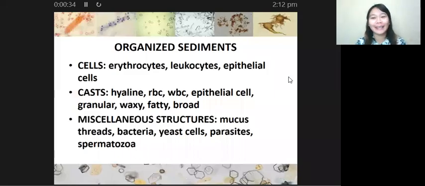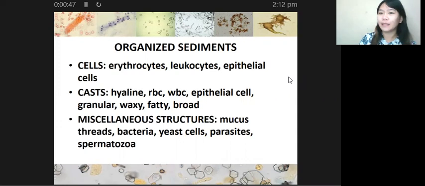Alright, hello again, class. So this is the second portion of our discussion on microscopic analysis. Okay. And of course, ito na po ang mga iba't ibang sediments na pwede nating makita sa ating urine sample. So what are the different sediments?